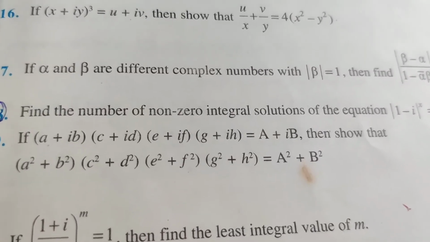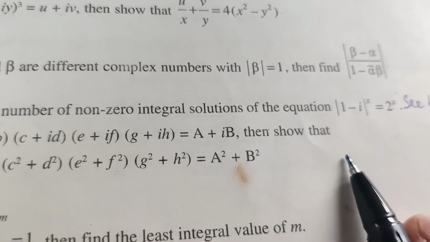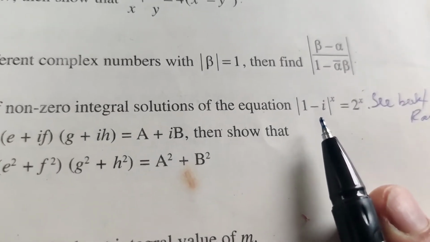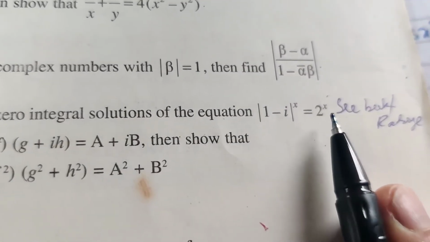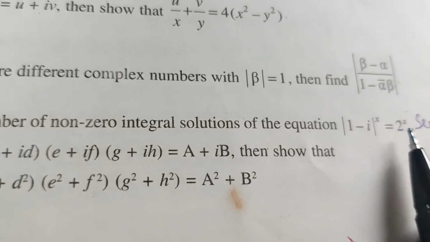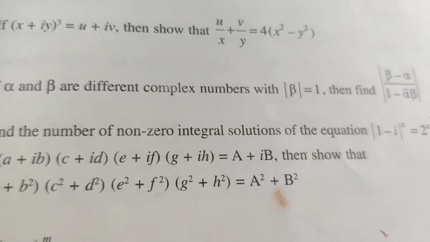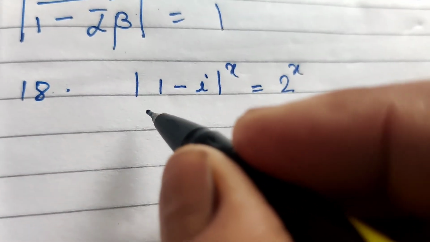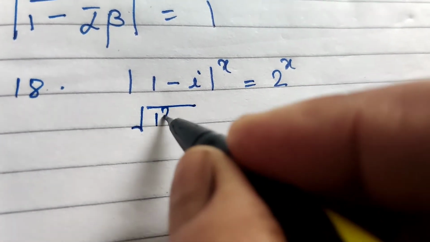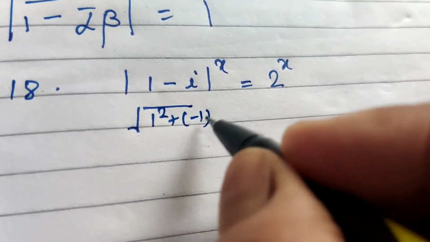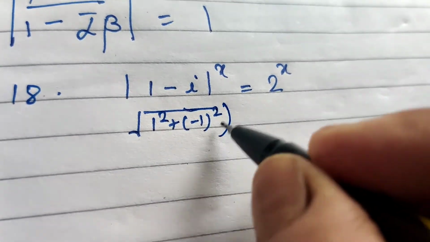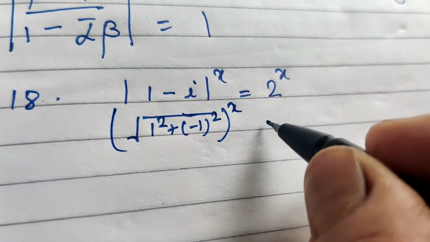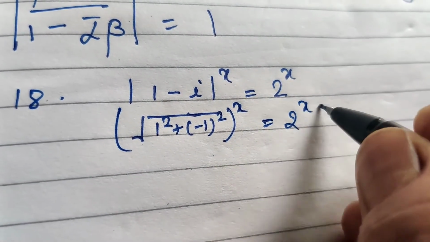Question number 18. Find the number of non-zero integral solutions of the equation (1 minus i) raised to power x equal to 2 raised to power x. The modulus value of 1 minus i is under root 1 square plus (minus 1) whole square, raised to power x, equal to 2 raised to power x.